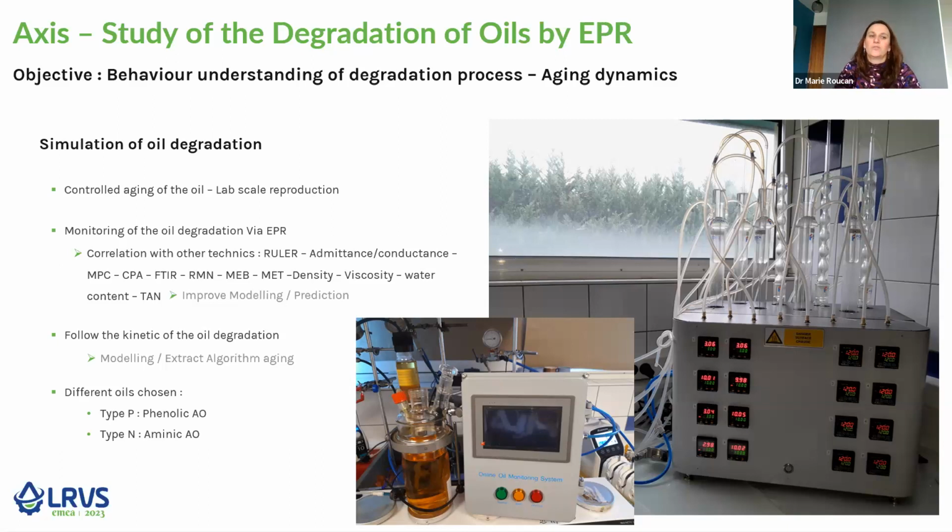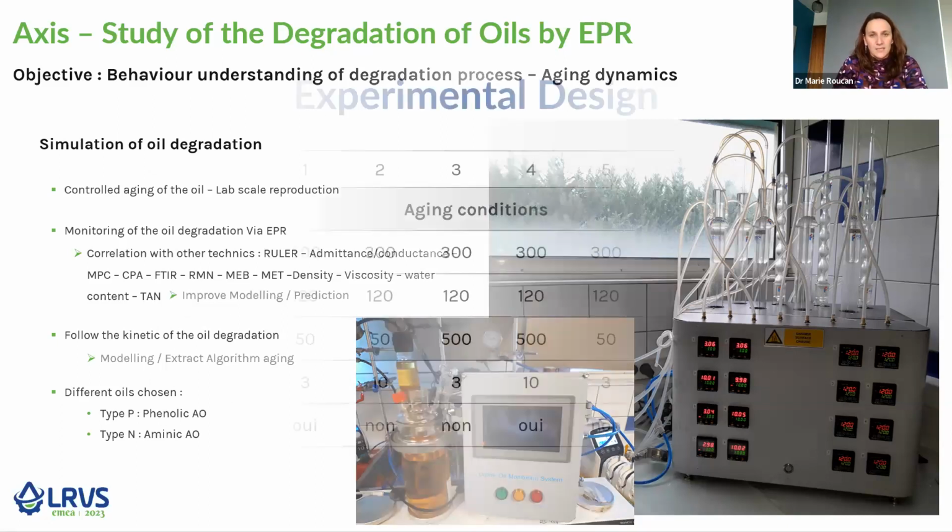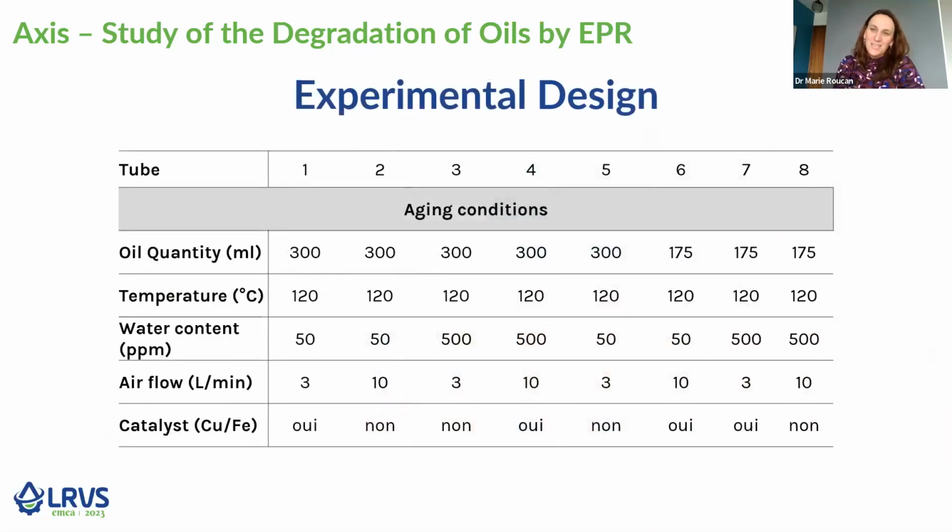To do so, we tried different types of oil. We tried TP, which is the phenolic antioxidant, and the type N, which is an oil with aminic antioxidants. So this is the experimental design we've put in place to do the aging. You have different conditions, 8 tubes so far, and we chose 3 parameters to vary: the water content, the airflow, and the presence of catalyst or not.